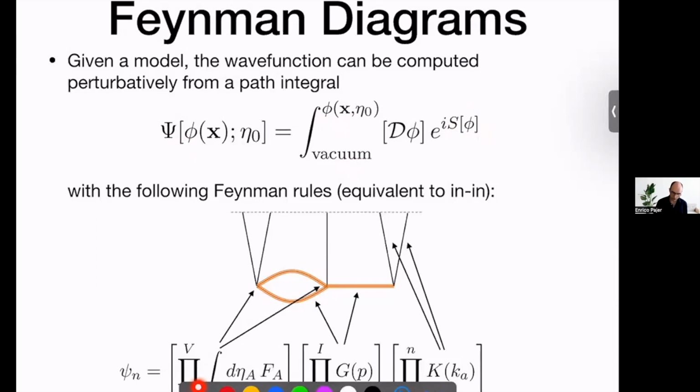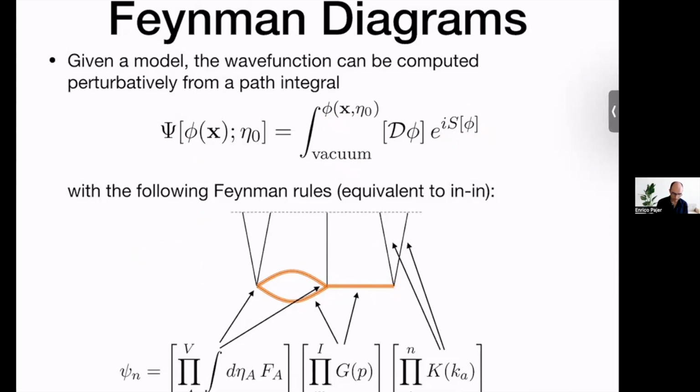We have a lot of technology to compute path integrals, and sure enough, this can also be written in terms of Feynman diagrams. Given a theory, the theory has some spectrum. That spectrum tells me that states can propagate from 2 points in the bulk or from the bulk to the boundary. Time here is always running vertically. So the future is the dotted line.